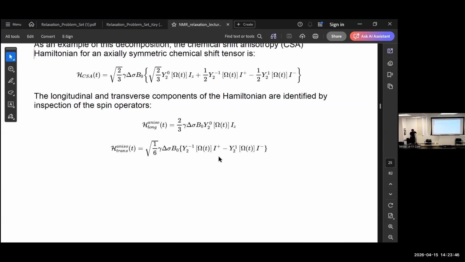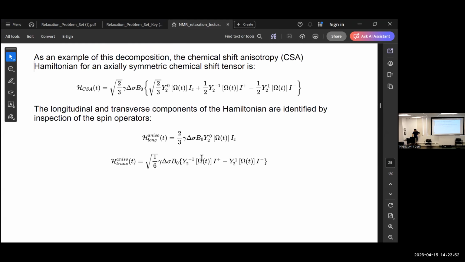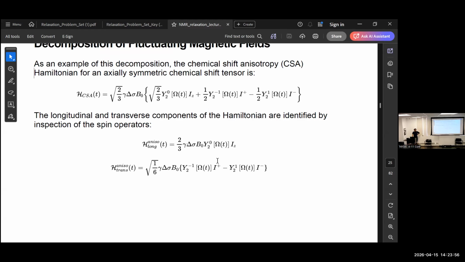Okay, I'm just referring to the slides here, not using the whiteboard. Thank you for pointing that out. What is capital Omega of t?